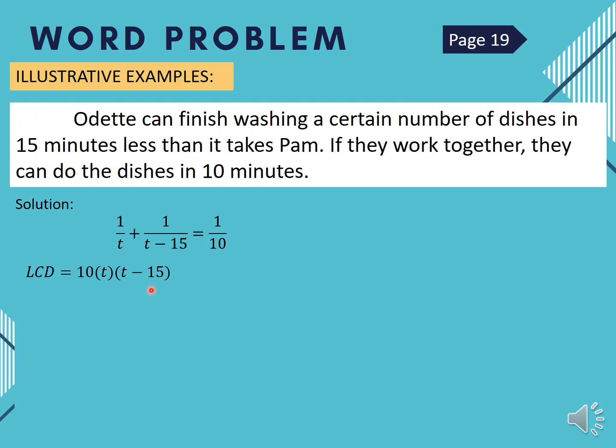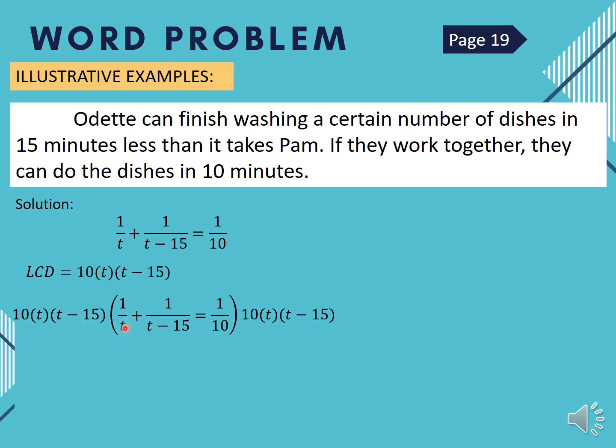And again, the first step is multiply both sides of the equation by the LCD. So, i-multiply natin both sides by the LCD. So, that will become 10T times T minus 15 times the given equation. Now, let us solve. So, isa-isahin natin. One term muna tayo. First term, 1 over T times 10T times T minus 15.